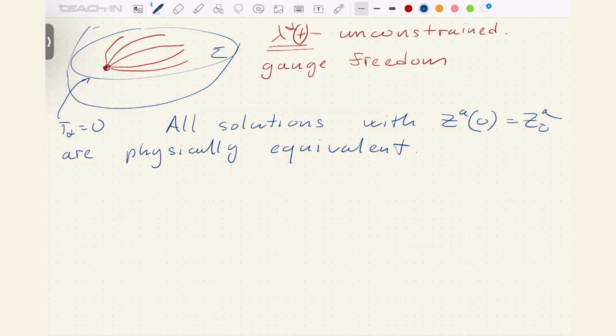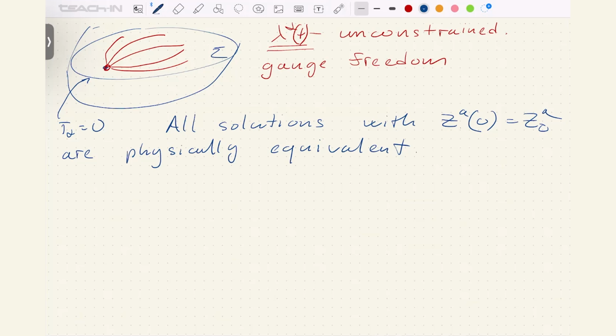So gauge transformation is a very dangerous term because sometimes, depending on formalism and language, it's used in a slightly different way, but the idea is, of course, always the same. If we speak in terms of solutions to equations of motion, then gauge transformation is a transformation which takes one solution and brings it to an equivalent solution.